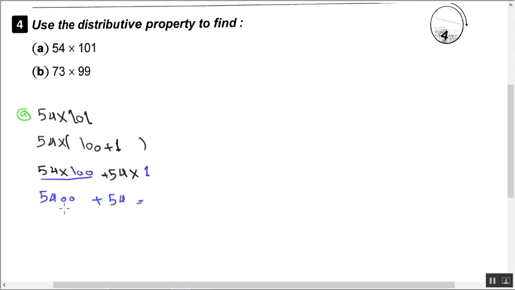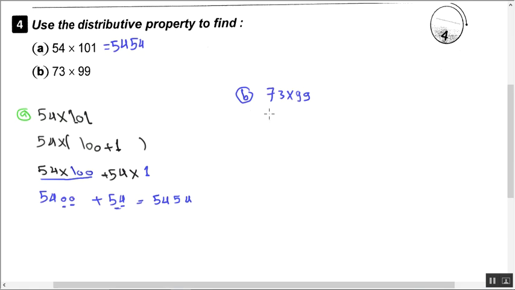If we make addition, 0 plus 4 equals 4, 0 plus 5 equals 5, and here we write 54. So the final result equals 5,454. Question number A, the result will be 5,454.